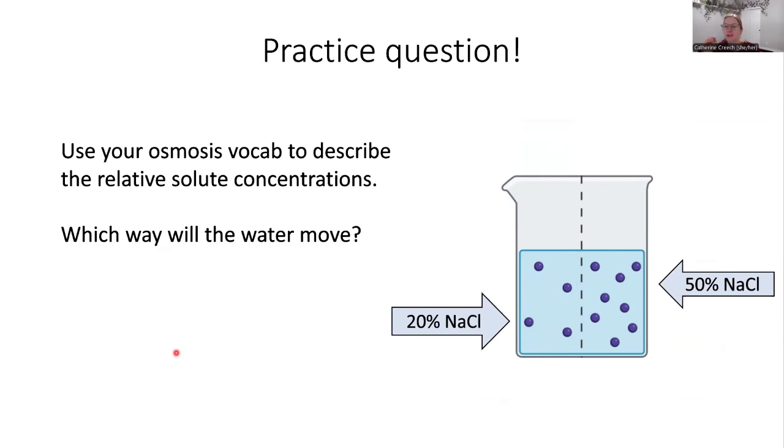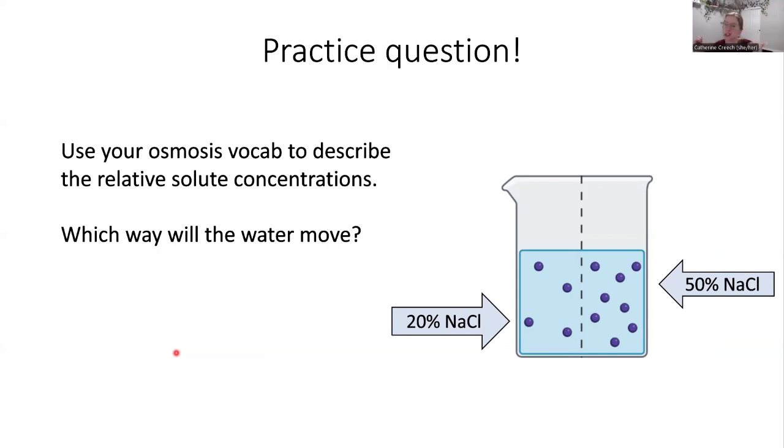Anywhere that we're going to have more solute, we're going to call it hypertonic. Hyper means more, and tonicity refers to the solute level. So hypertonic means more solute. If you have less solute, it's hypotonic. So think if you are hyped up, you are excited, you have more energy.